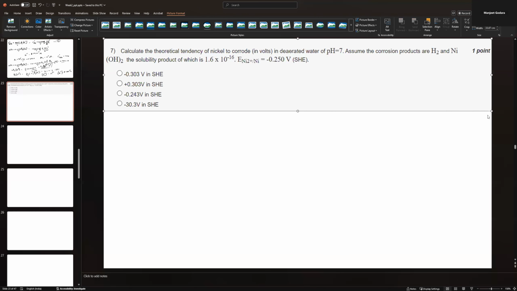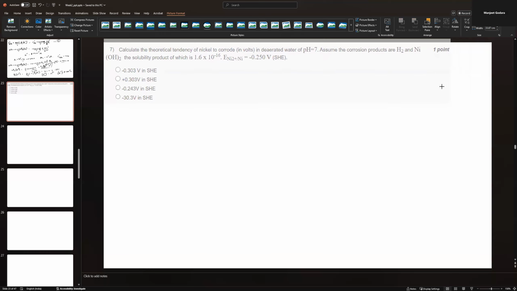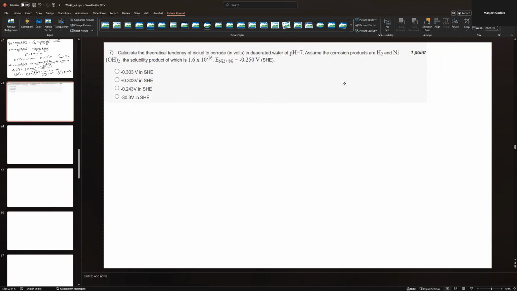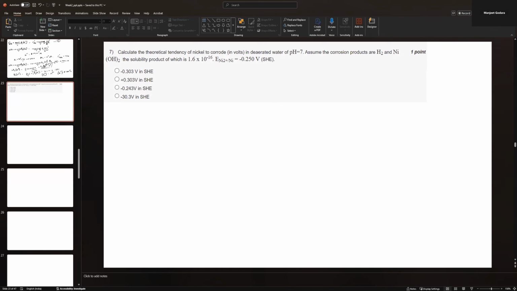Assume corrosion products are H2 and nickel hydride, the solubility product of which is given.